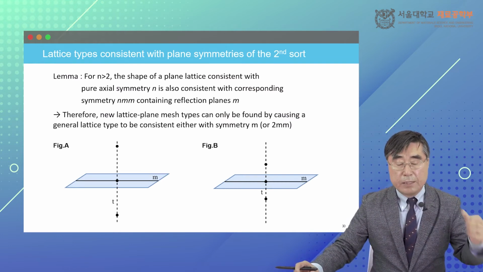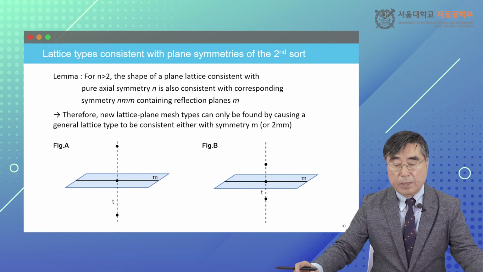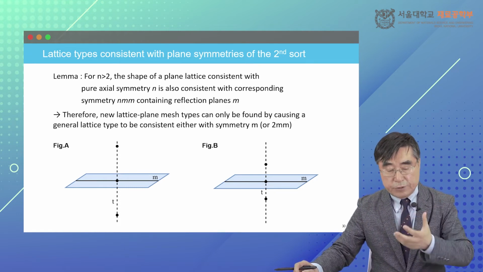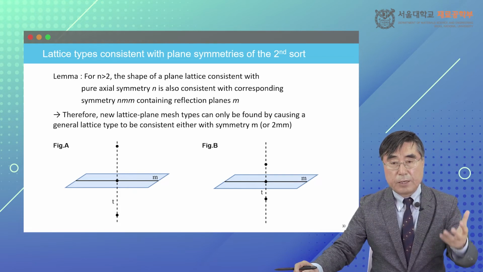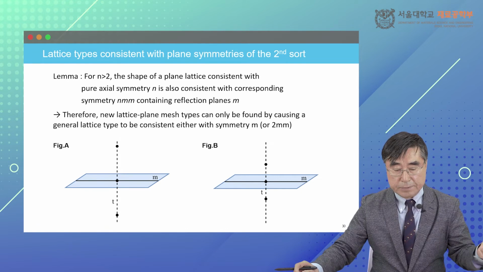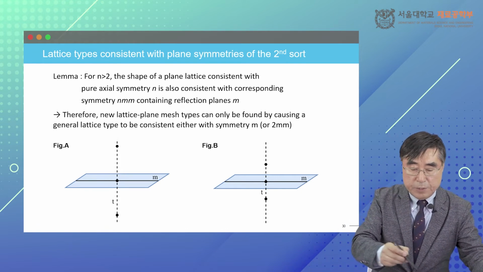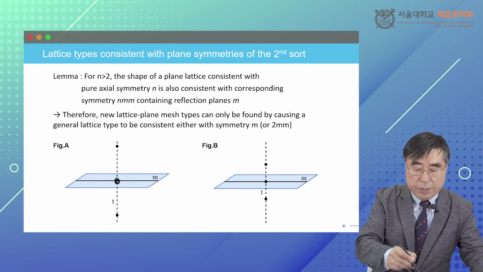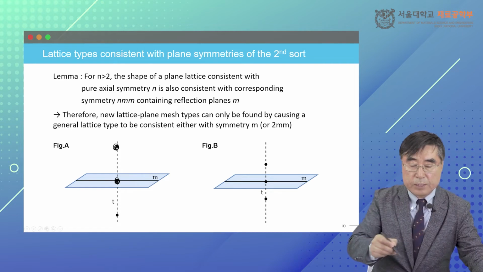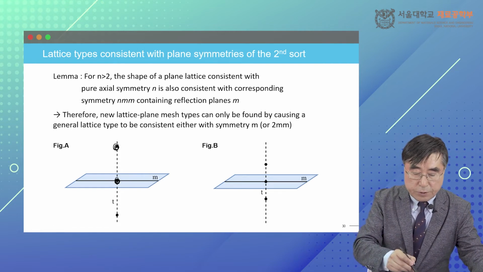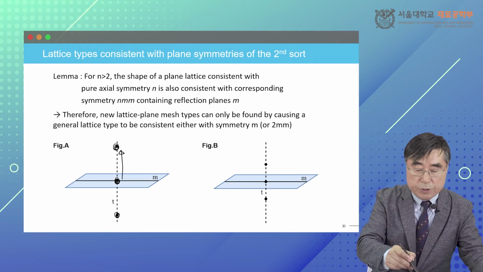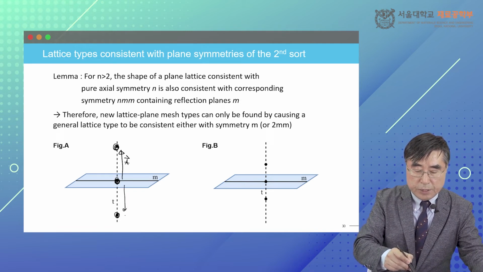Now, in the case of a mirror plane, we also have to think about mirror and translation: mirror and translation perpendicular to the mirror plane. Okay. In the case of a mirror plane, when we have a lattice point in here, if we put another lattice point in here, then of course this is the translation vector. So we have to have another lattice point in here with the translation vectors.